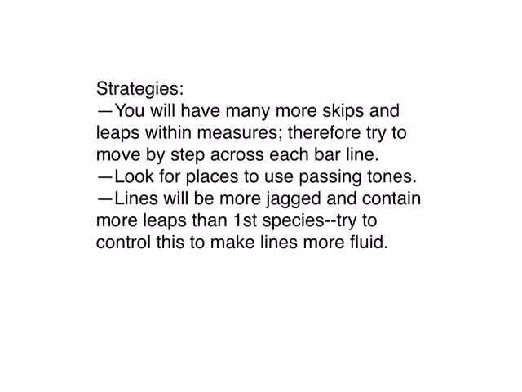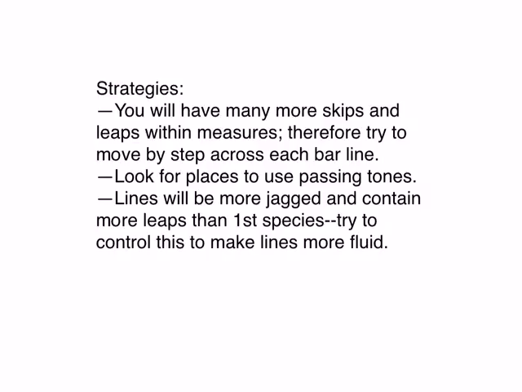So here are our strategies. You'll have many more skips and leaps within measures because either you'll be using a passing tone which moves by step, or you'll be moving from one consonant to another, and most consonances are skips or leaps apart from each other.